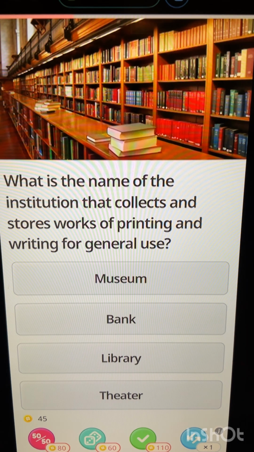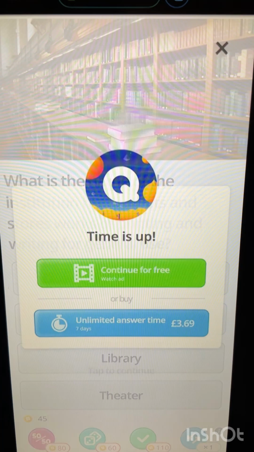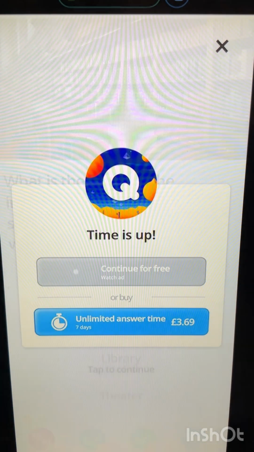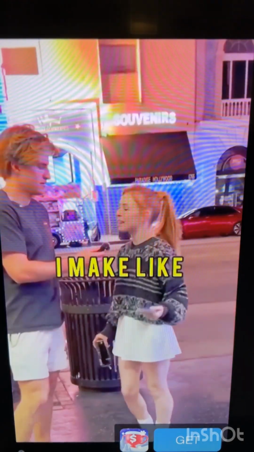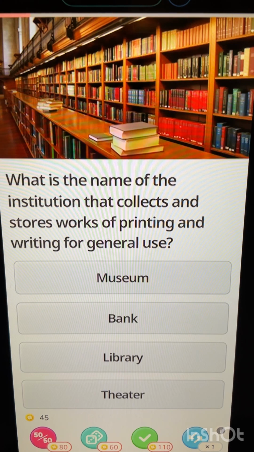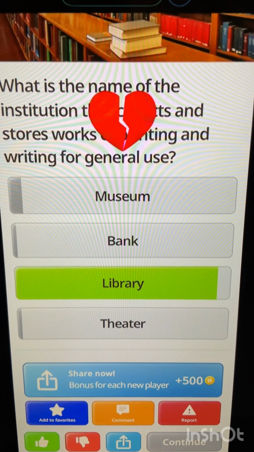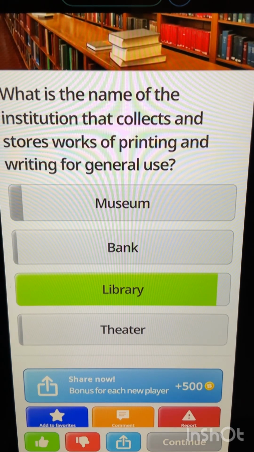So it's going to be that collect and store works for printing and writing. I think it's going to be museum. So time is up. So let's see the answer. So I will go for 50-50. So it's library where we got information.